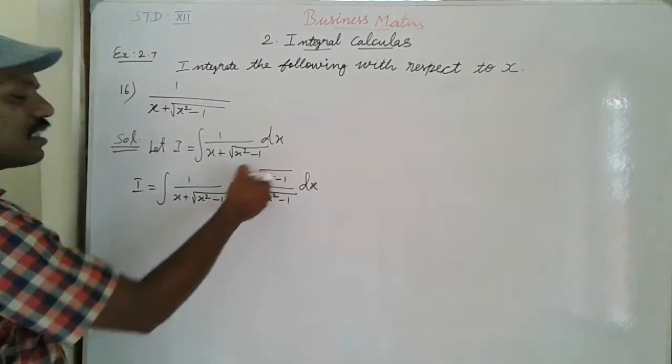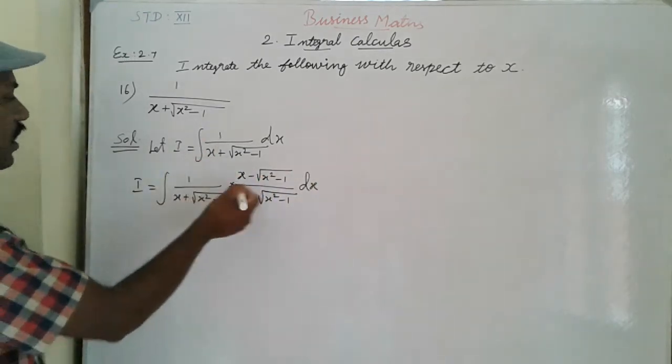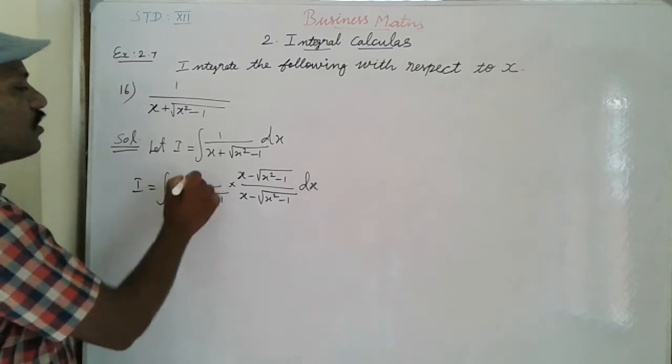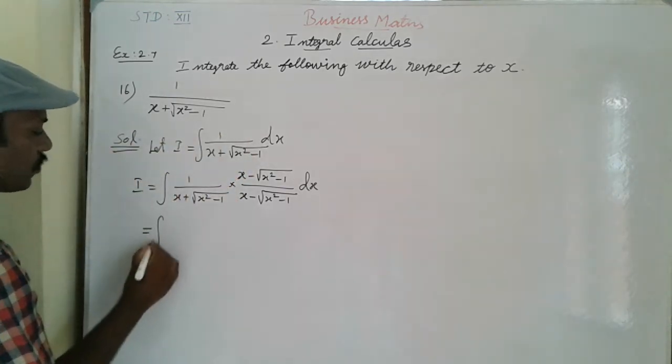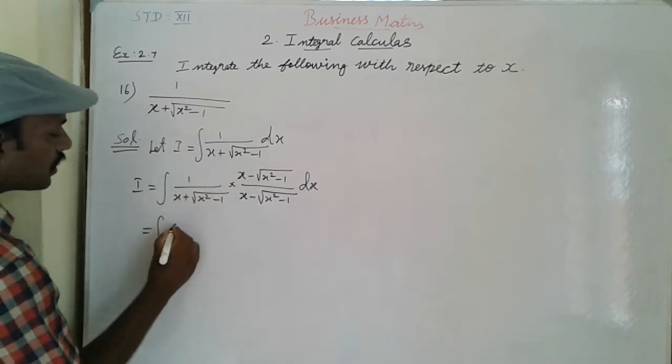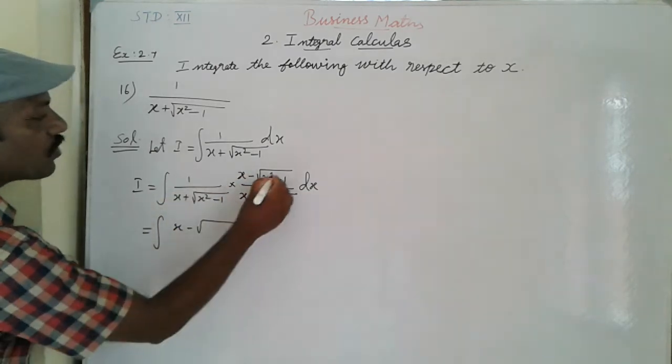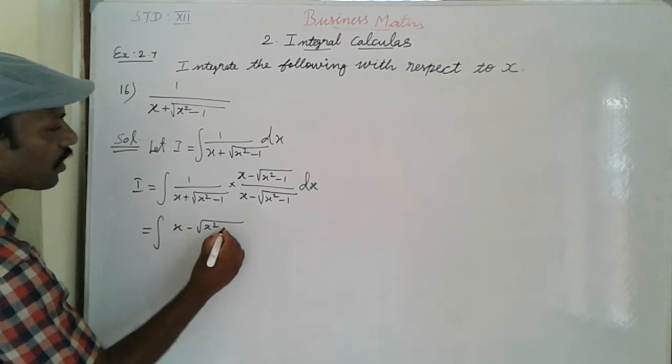In the numerator, 1 into this value is the same value, x minus root of x square minus 1.